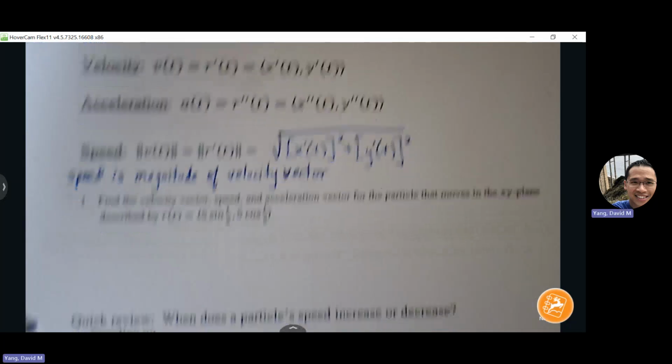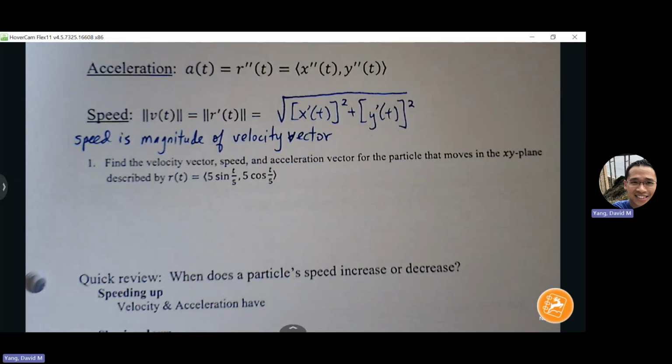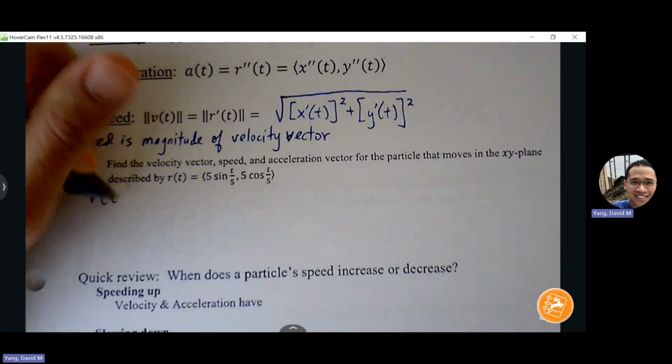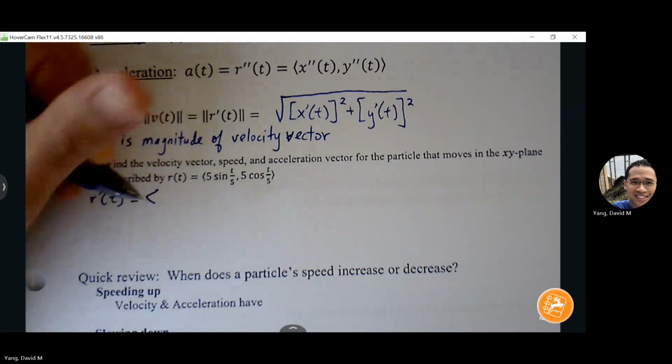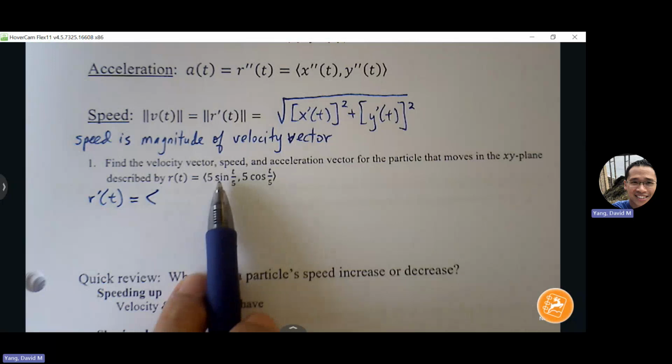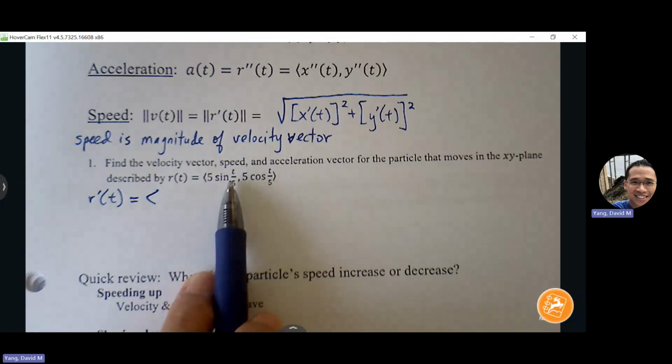Okay, so let's look at example 1 here. Find the velocity vector, speed, acceleration vector for the particle that moves in the xy plane described by r of t. So let's find the velocity and acceleration first. Really we're just going down the line and taking the derivative of each component. So sine of u becomes cosine of u times u prime. So sine of t over 5 becomes what? Cosine of t over 5 times, what's the derivative of t over 5?